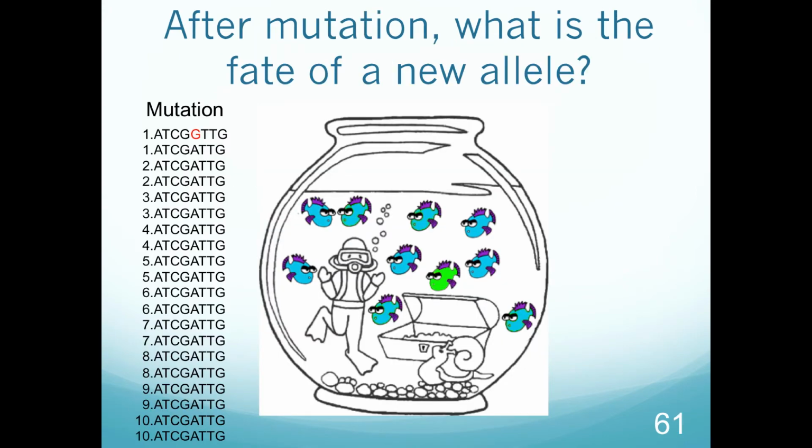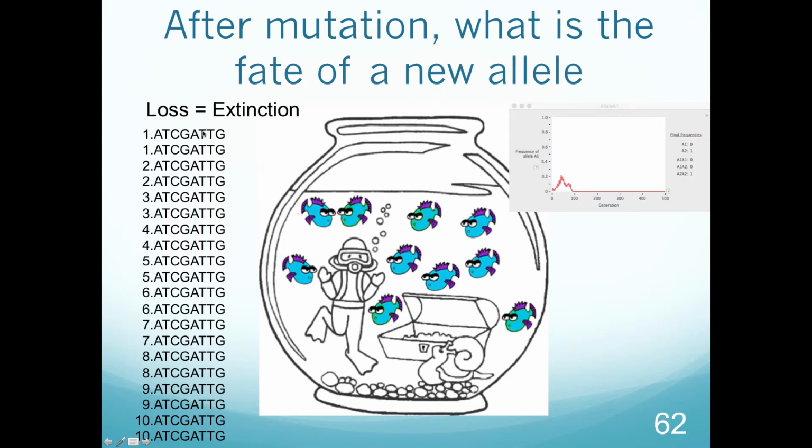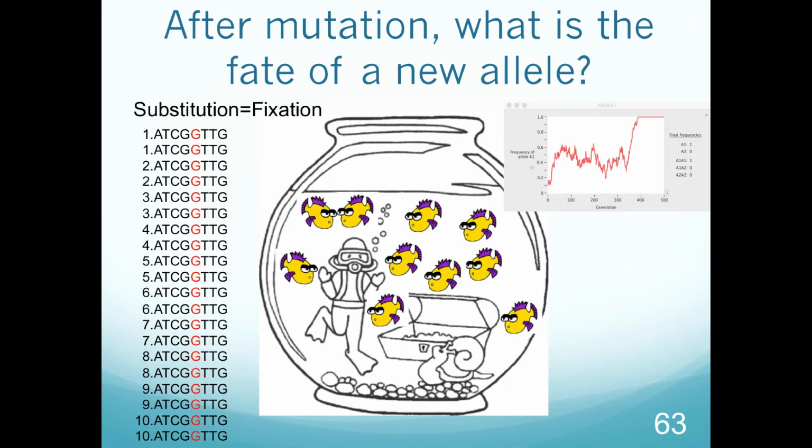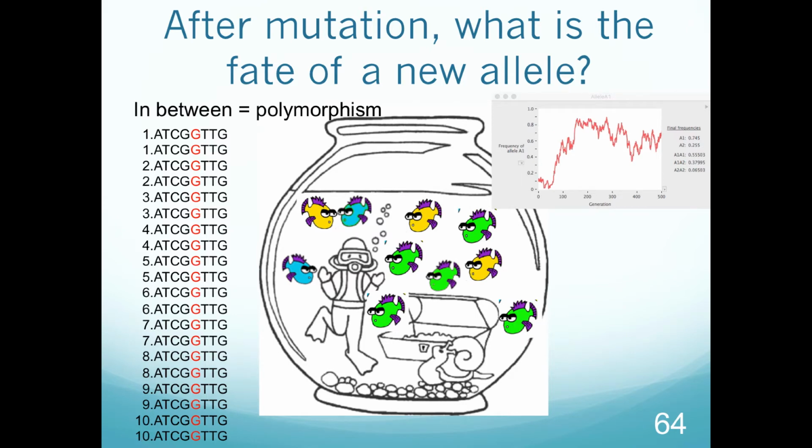So this is a mutation, a change in one individual at one of their chromosomes. Often that mutation gets lost due to extinction. Occasionally, due to genetic drift or due to selection, that mutation goes to fixation. And in between, we have genetic polymorphism, where we have the allele at some intermediate frequency in the population.